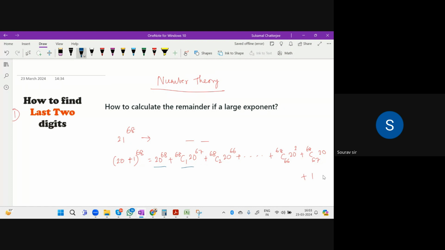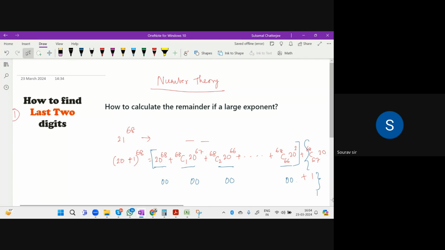So look at these terms. 20 to the power 68 will end in two zeros. This will end in two zeros, and this will end in two zeros. All these terms will end in two zeros up to here, so only these last two terms will have non-zero digits in the last two places.